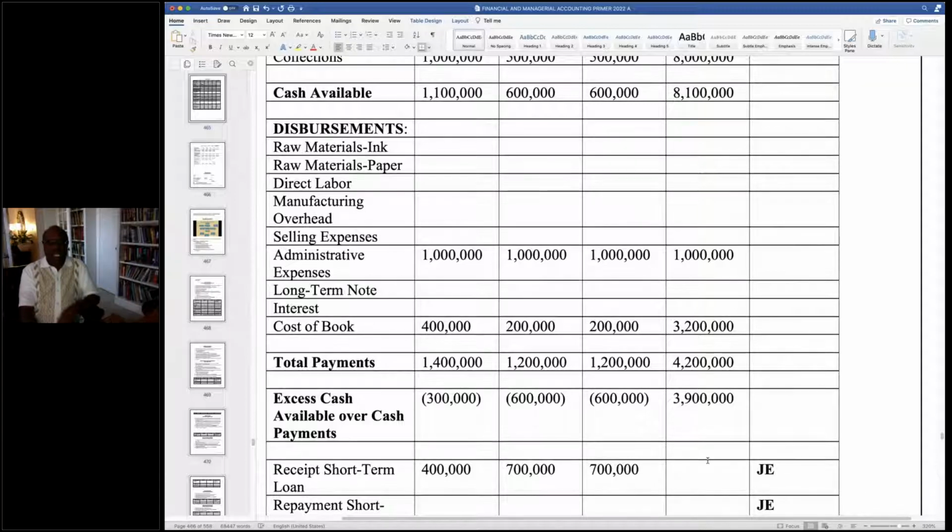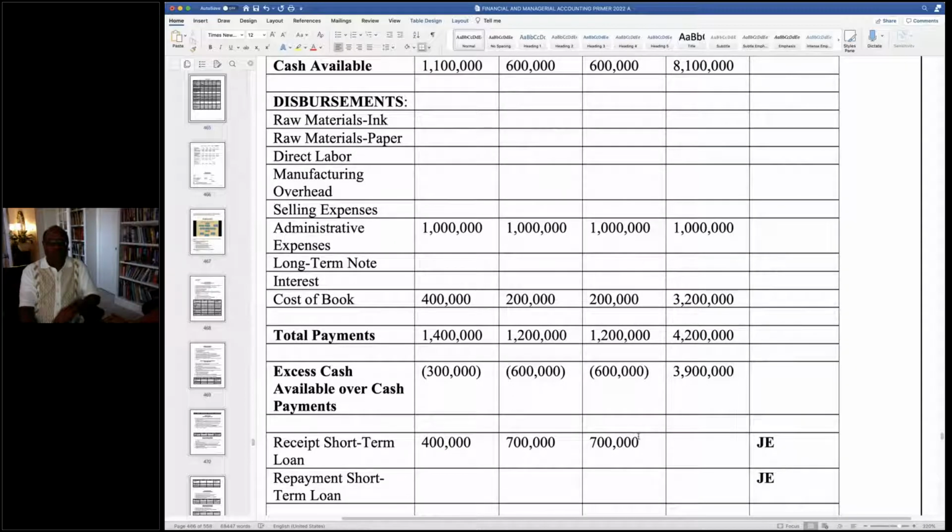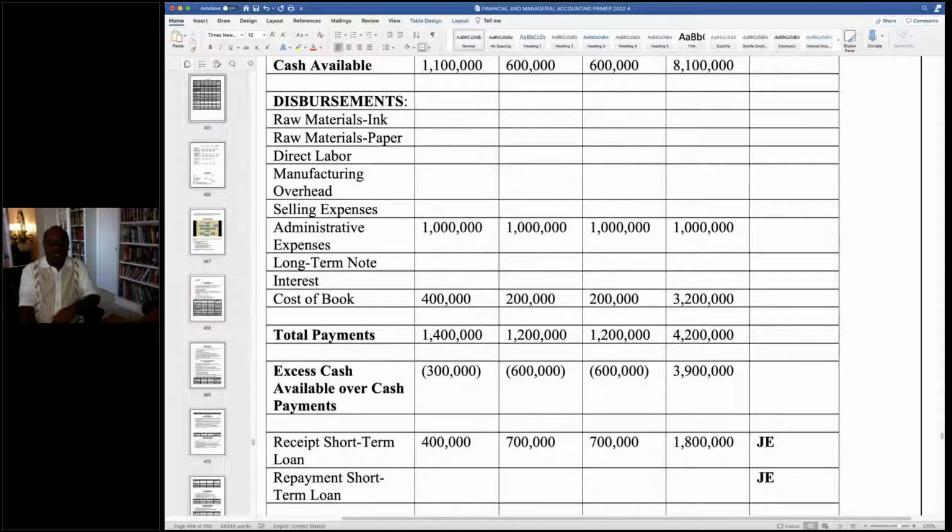You pay back your loans. How much did you borrow? $1,000,008. Yes, Professor Boyd, it's 1,000,008. So how much money do we have left over now?